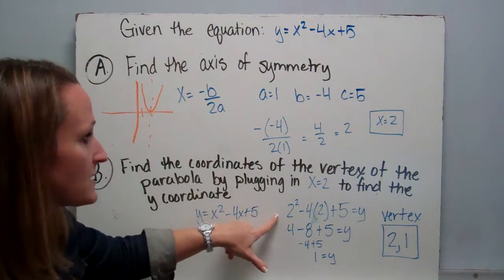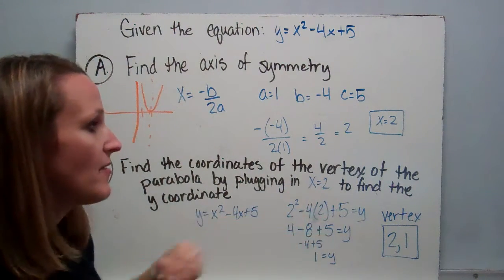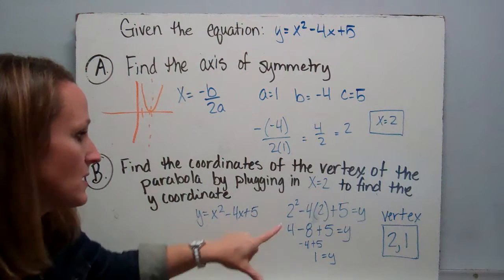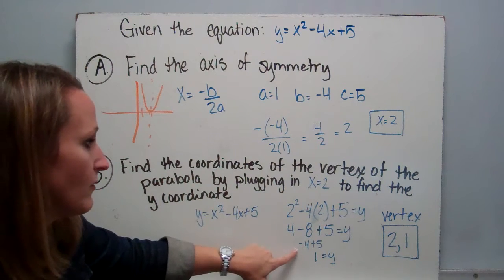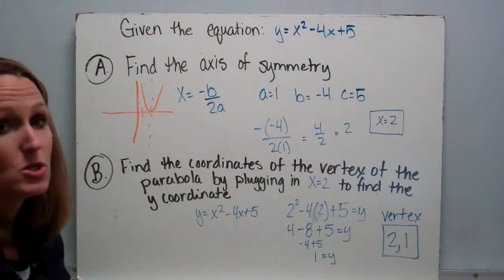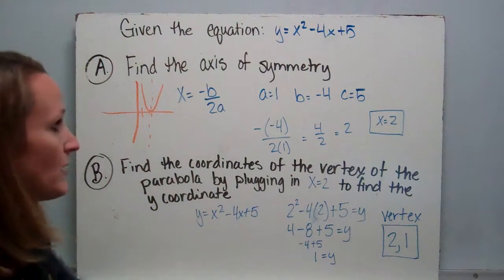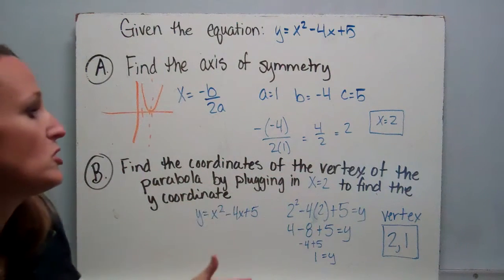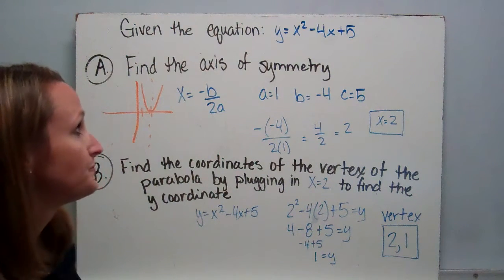So plug in your x value: 2 squared minus 4 times 2 plus 5 equals y. So 4 minus 8 plus 5 equals y. So negative 4 plus 5 equals 1. So our vertex is at over 2, up 1. We already know that our axis of symmetry is at 2, and our vertex is exactly at over 2, up 1.